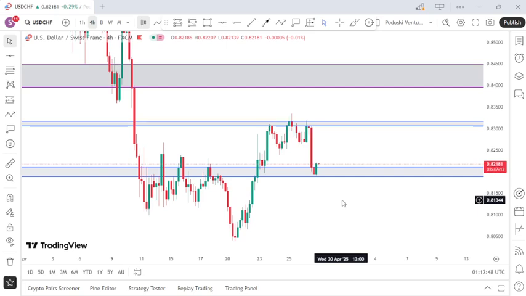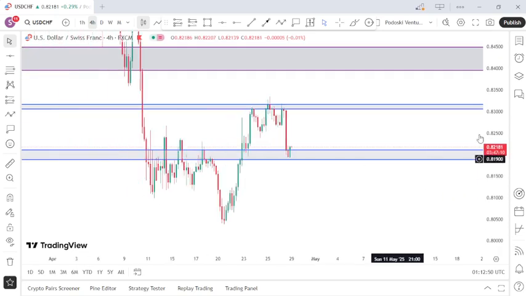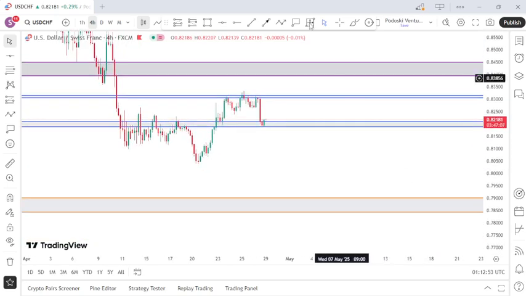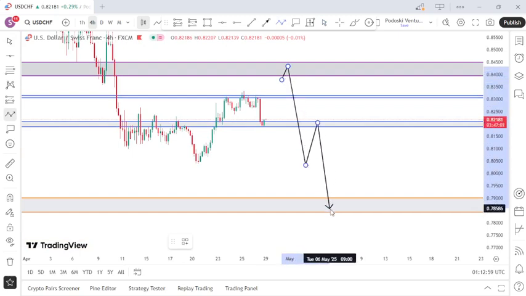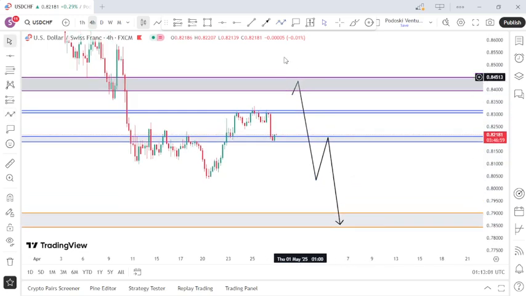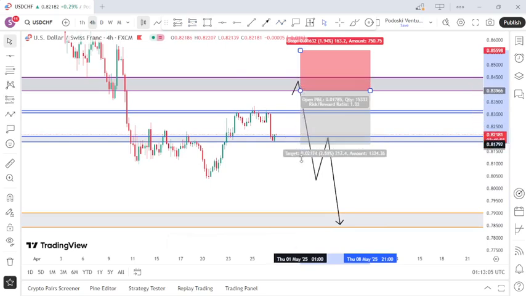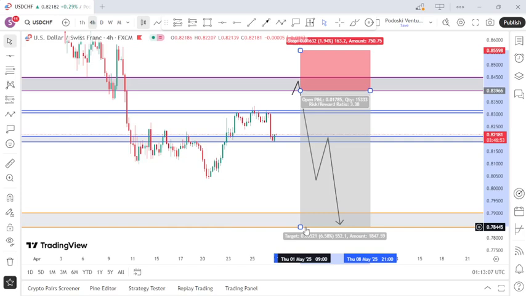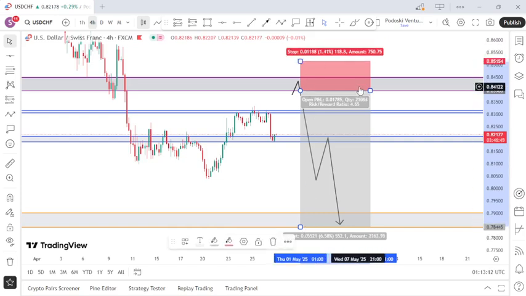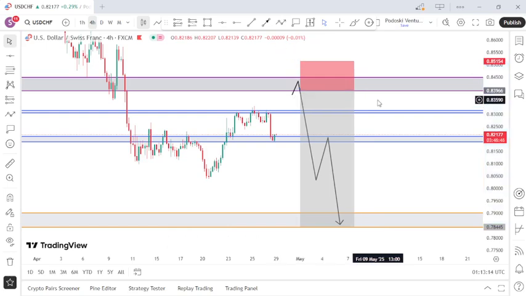So over here on USDCHF, we are just going to wait for price to come into our zone. We wait for a candle confirmation, then we sell on USDCHF all the way to the weekly lower zone over here.